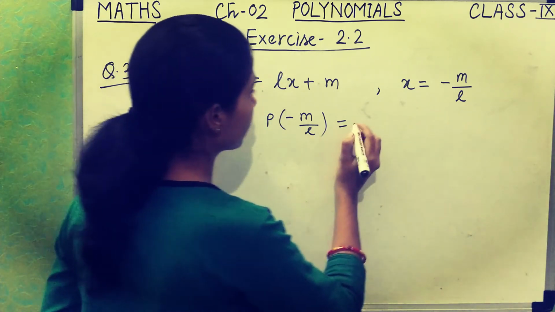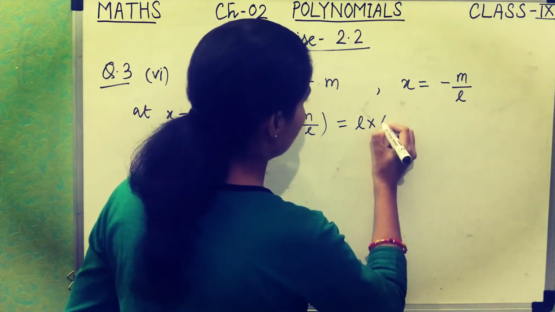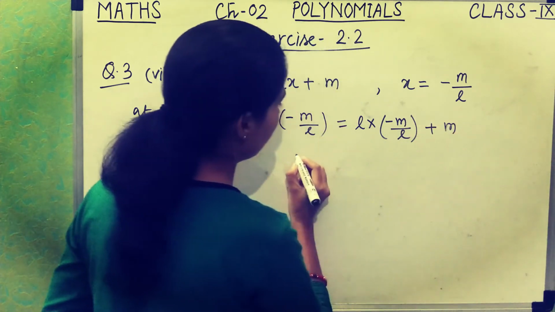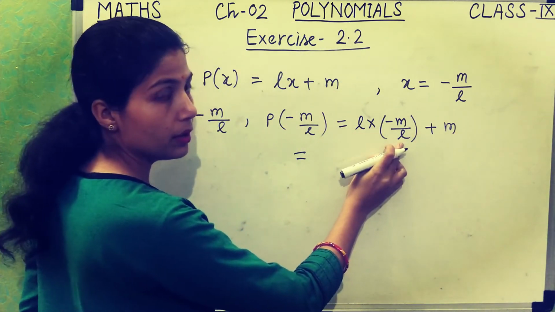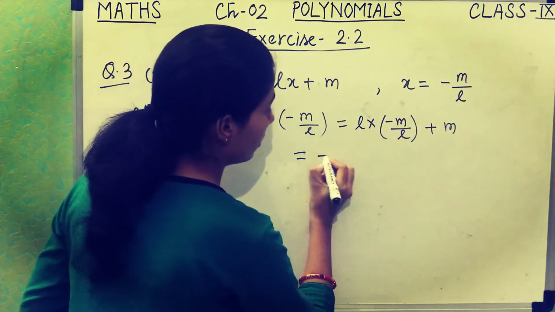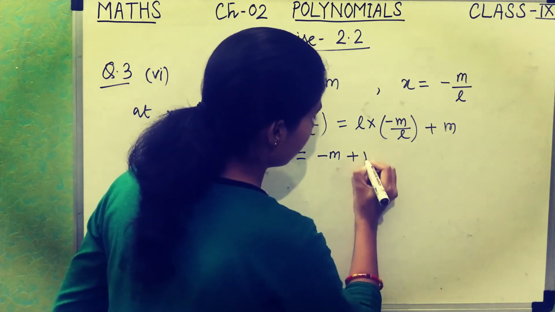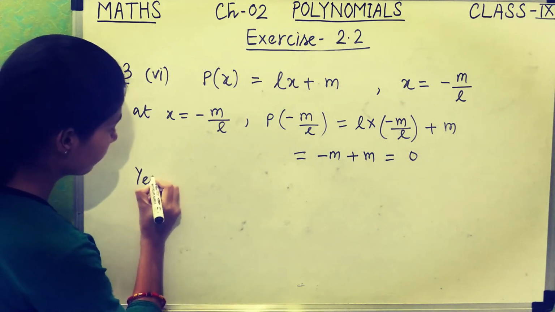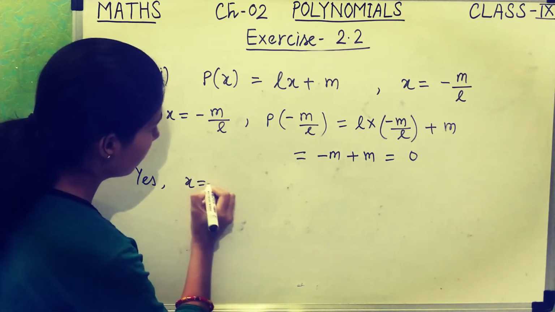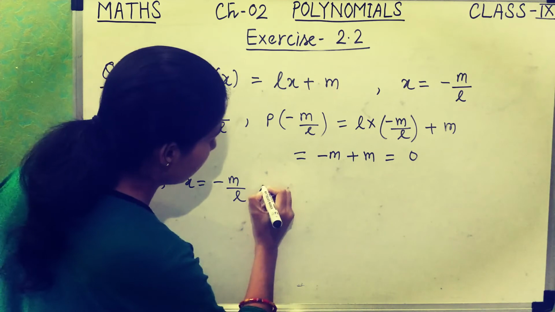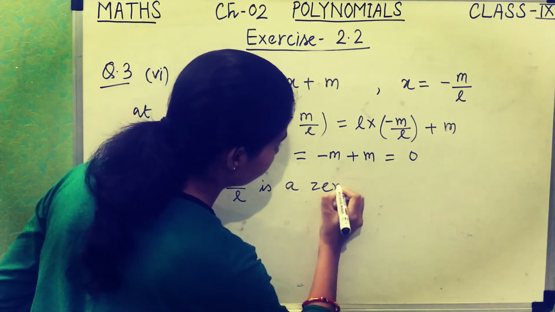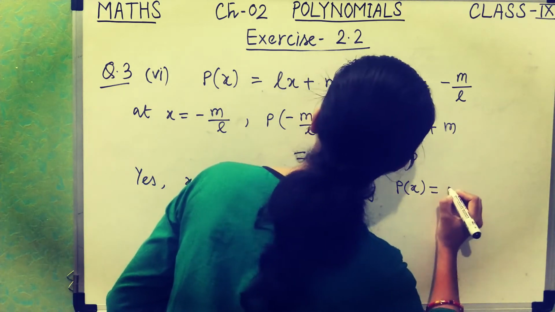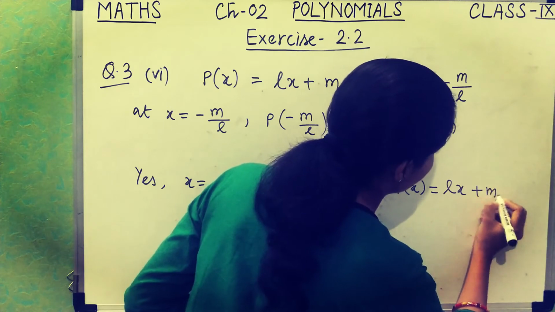So l into, in bracket, minus m upon l, plus m. The l divided by l cancels out, it is left with only minus m plus m, and it will be 0. So yes, x equals minus m upon l is a zero of the given polynomial p(x), that is lx plus m.